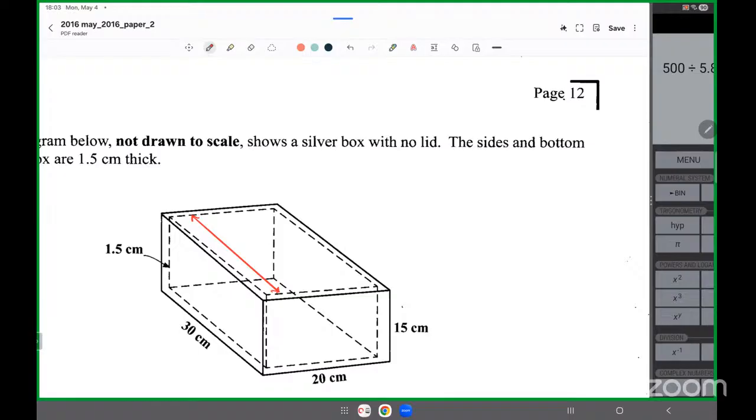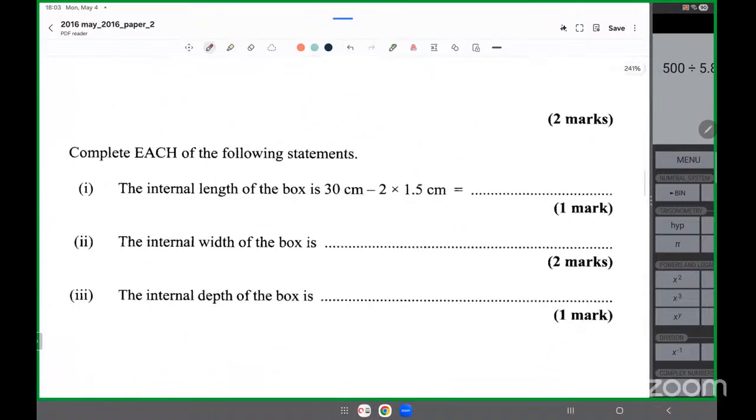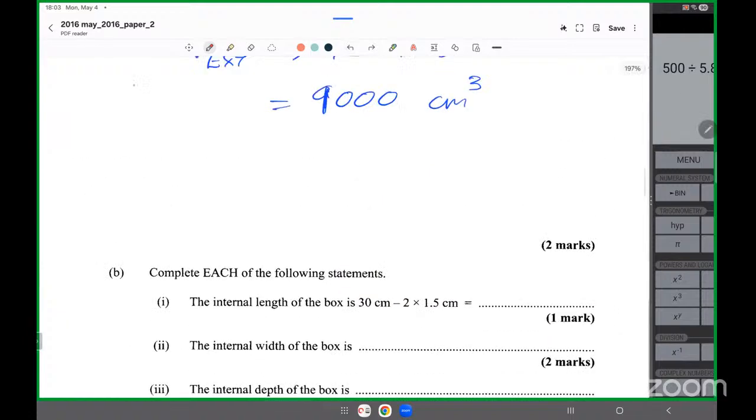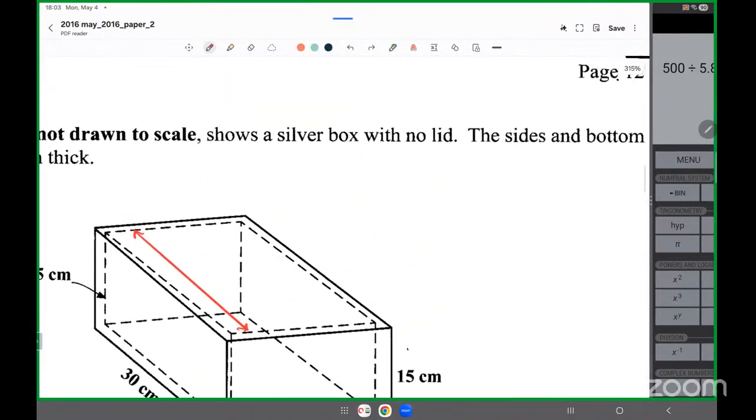Now the question says, what is the internal length of the box? And they give us a quick calculation for it. They say it's 30 minus 2 times 1.5. So it's 27. But why is this the formula to calculate the length? Remember, the thickness of the material is 1.5. So right here is 1.5, and right over here is 1.5.